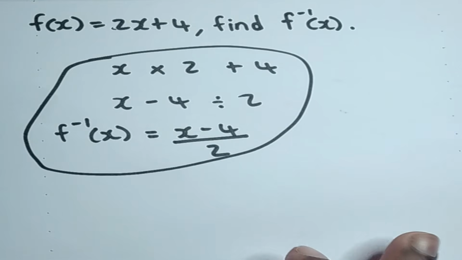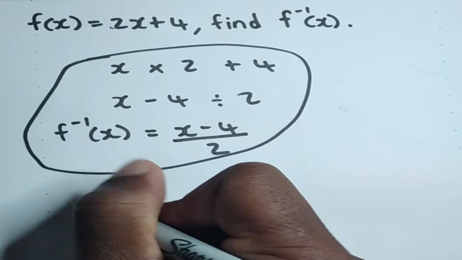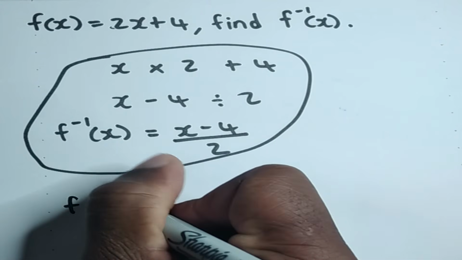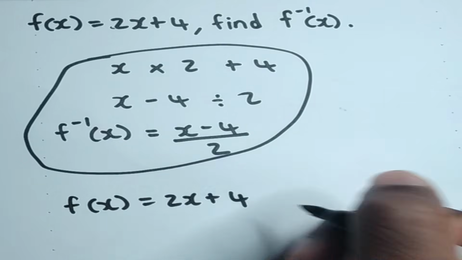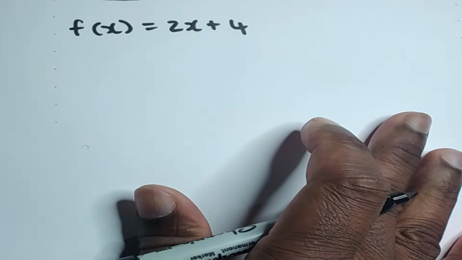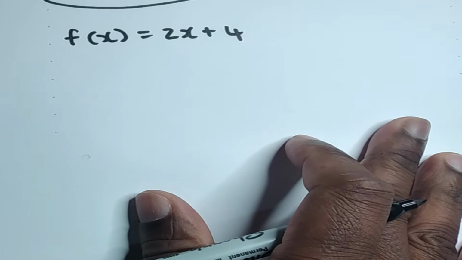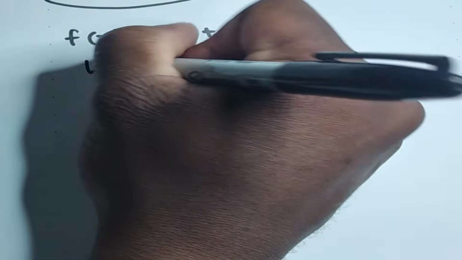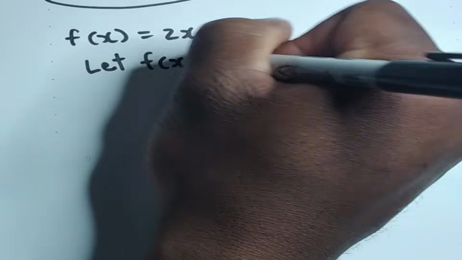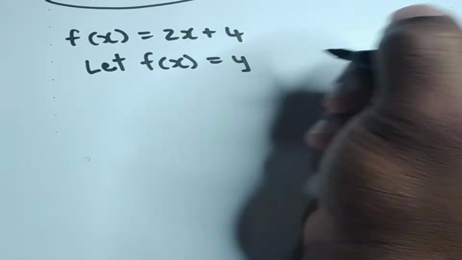So again, the function that we had here was f of x is equal to 2x plus 4, and we want to find the inverse of this. The first thing we're going to do is let f of x equal y.